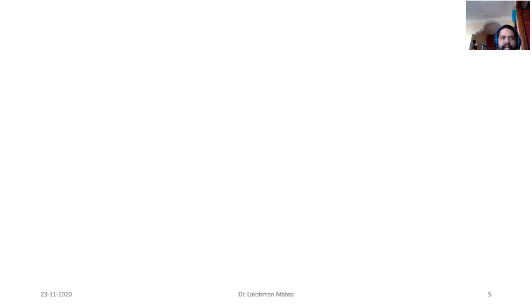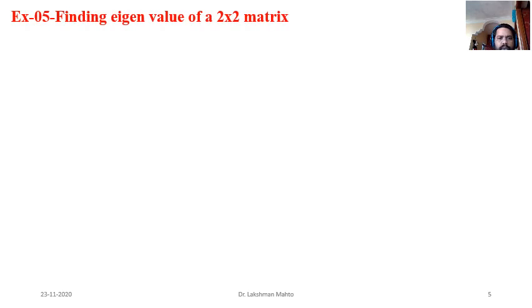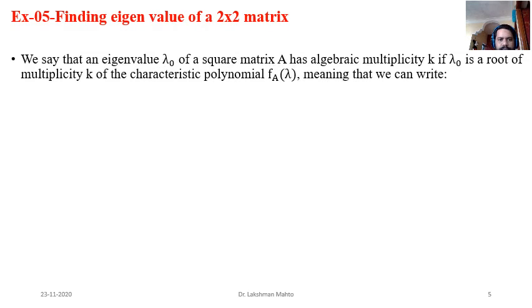I won't go to find eigenvalues of 100 by 100 or 1000 by 1000 matrices. MATLAB and R and other software are sufficient to give values for those high-size matrices. You can use that.